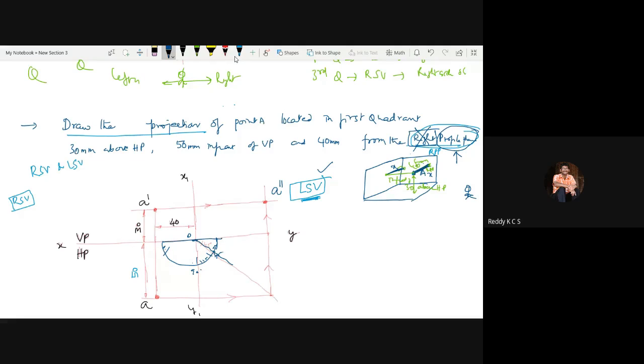Take two problems. Only two problems I'm giving. A point is 30 mm in front of the vertical plane. Please note it down.